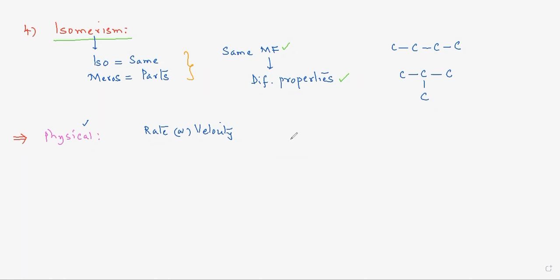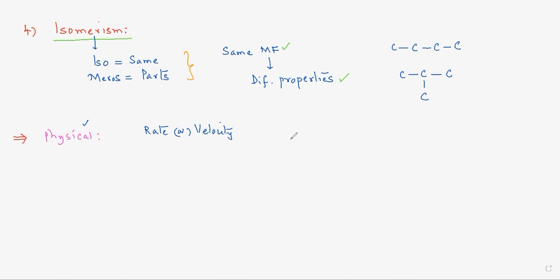Rust, of course, is a chemical phenomenon. It's a very slow reaction. It is a chemical reaction that occurs very slowly, in fact takes even months to complete. That's a very slow reaction.